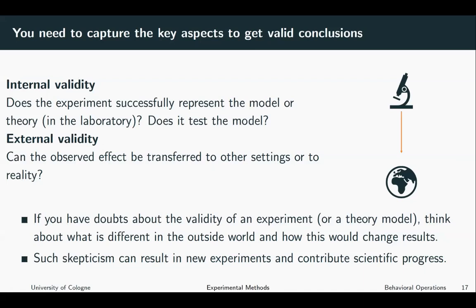Maybe the incentive structure is not salient, maybe the participants do not have enough time to build up experience. All these are possible critiques which can then be addressed. This means the critique can then turn into new experiments, or as written here, such skepticism can result in new experiments and contribute to the scientific progress.